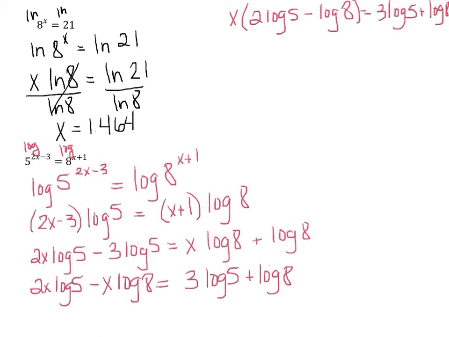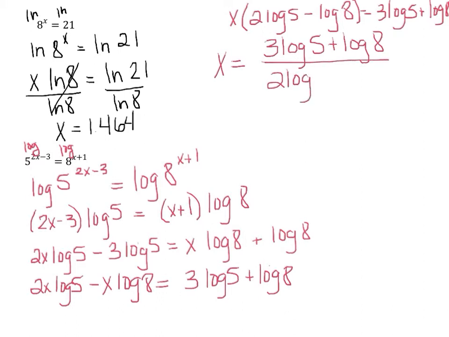So that gives me x equals 3 log 5 plus log 8 over 2 log 5 minus log 8.